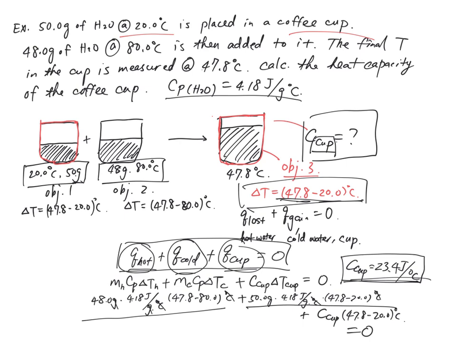And you can plug in your numbers, make sure your final temperature, initial temperature, your different thermal properties are in the right place, and you should be able to set up an equation starting from this original equation of Q loss plus Q gain equal to 0 and do your calculation.